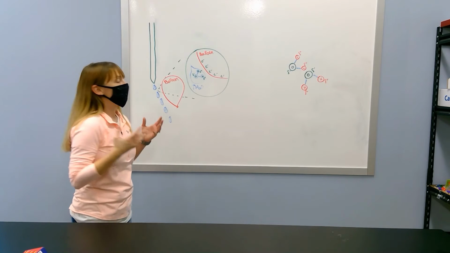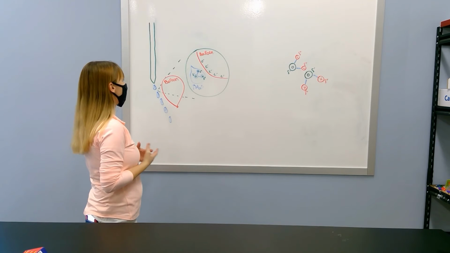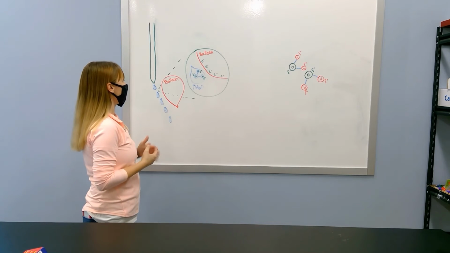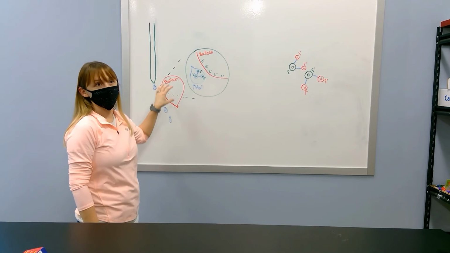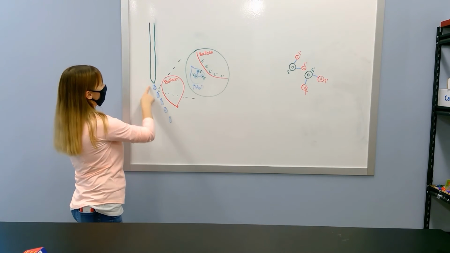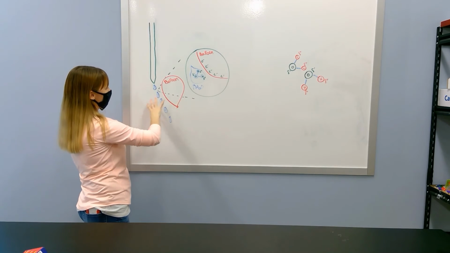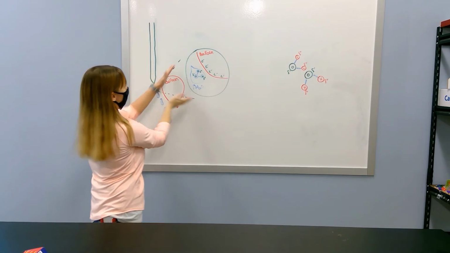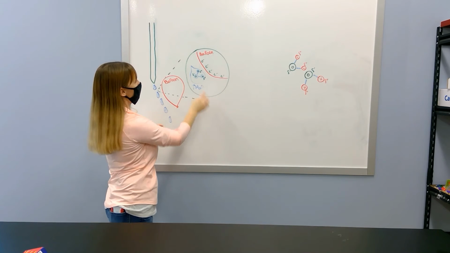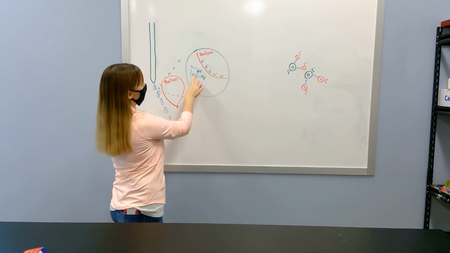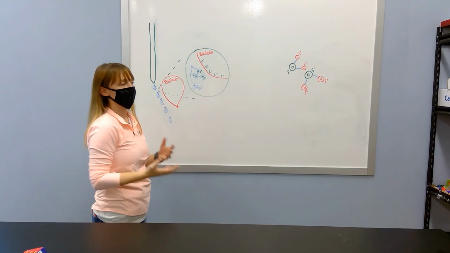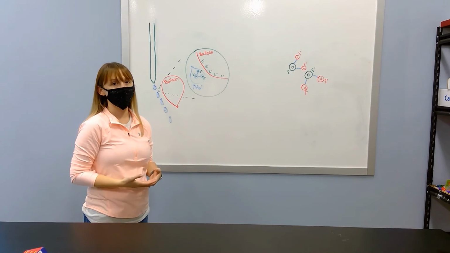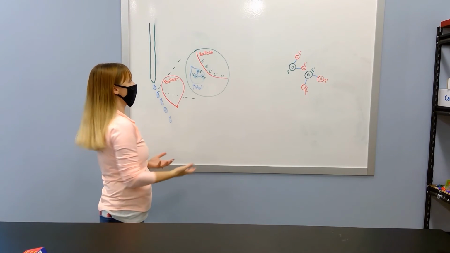Last, I want to explain what's happening in this lab. So what I've drawn here is a representation of water interacting with the charged balloon. And you can see the water coming out of the burette and it's attracting towards the balloon. And then this is kind of a zoomed in version. So you can see your water droplet with an H2O molecule, 2 H's, 1 O. And based off of our chapter 8 notes, we know that there's a partial positive and a partial negative side to every polar molecule.